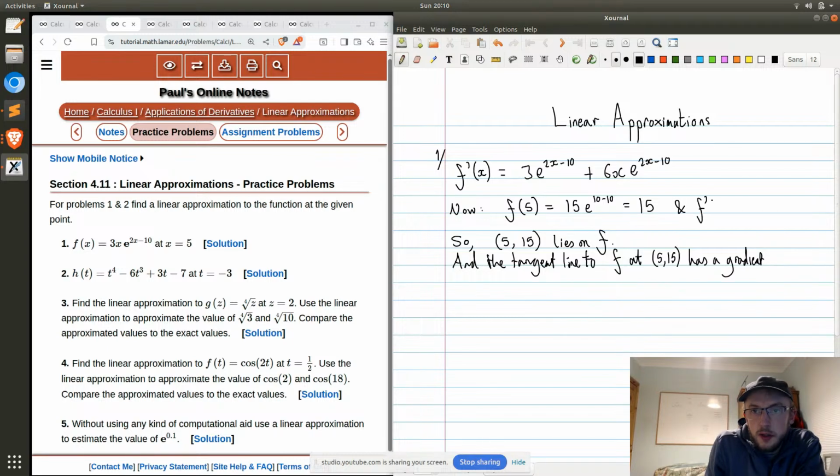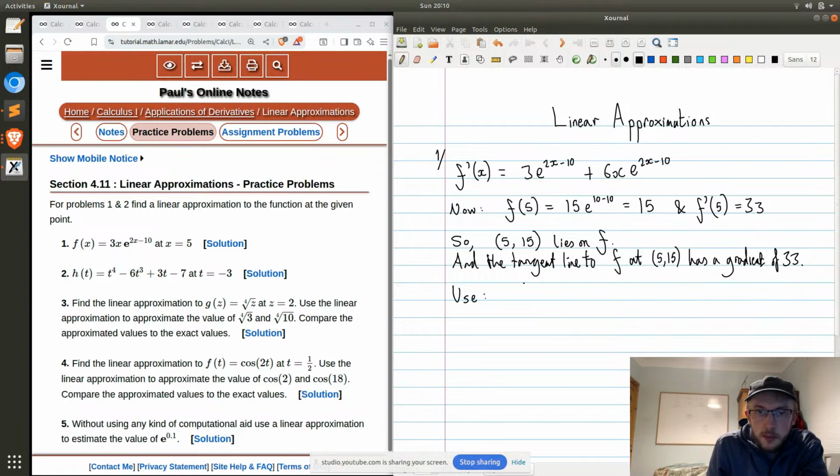So f prime, we'll input 5. Oh, actually, I think we could do this with simple values. So 5 up there, so that's just 1, and that's 1 as well. So 3 plus 30, so 33. So 5, 15 lies on f, and the tangent line to f at 5, 15 has a gradient of 33.